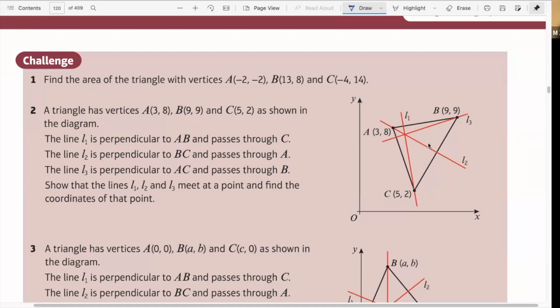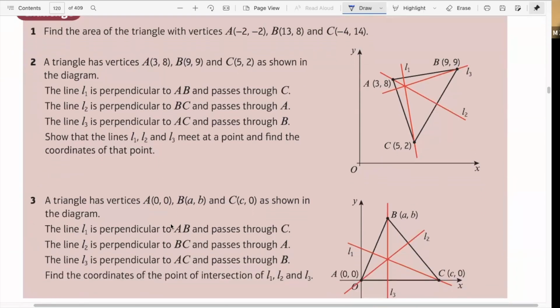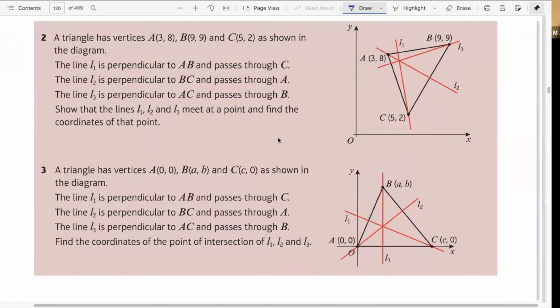In the same manner, the equations for L2 and L3, and then solve these equations simultaneously, two at a time. Suppose you solve L1 and L2 and you find the point of intersection. Then you solve L1 and L3 and you find the point of intersection, and at the end you state that the point of intersection is the same for all three.